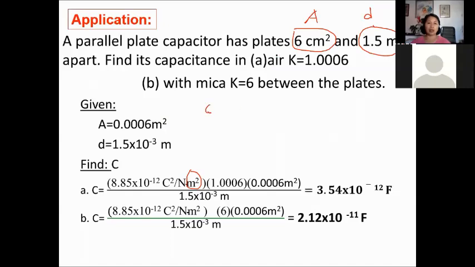Kung wala kayong direct conversion factors dyan, 6 cm squared.